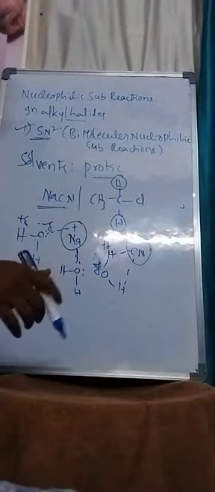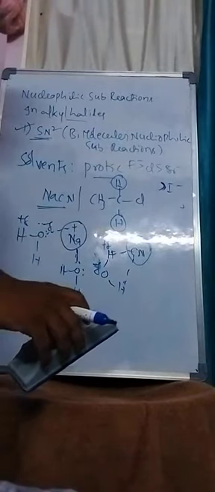So in the protic solvent case, if the nucleophile is big, it will form a bond with this hydrogen. Suppose you have taken F minus, Cl minus, Br minus, I minus. In protic solvents, the order is F minus more than Br minus more than I minus, this way.